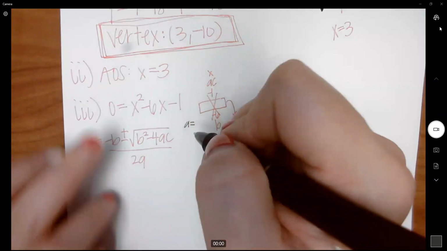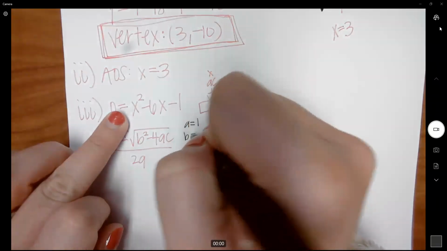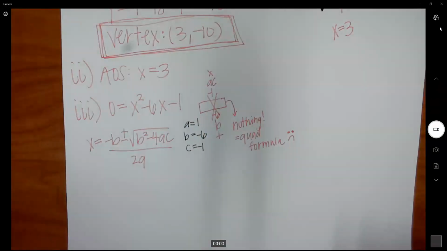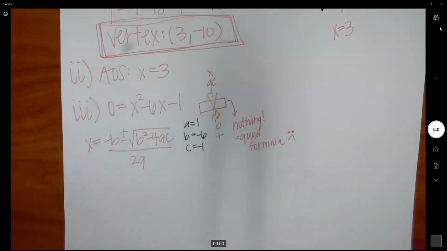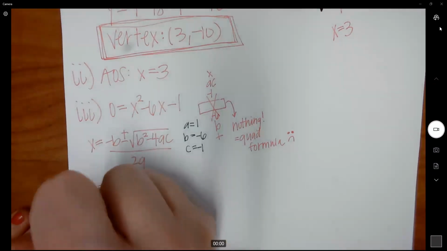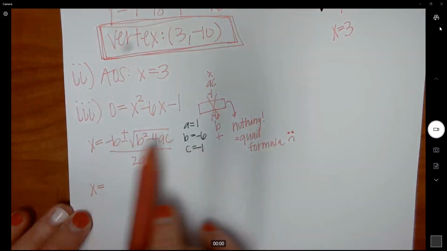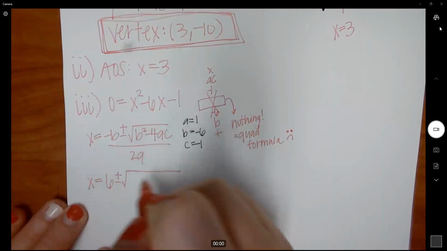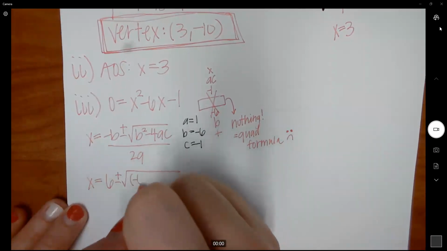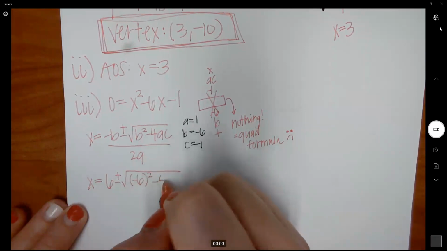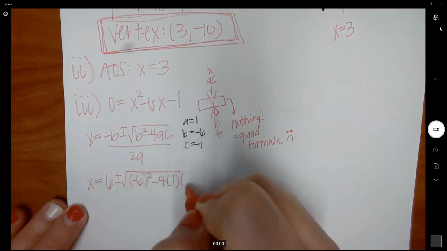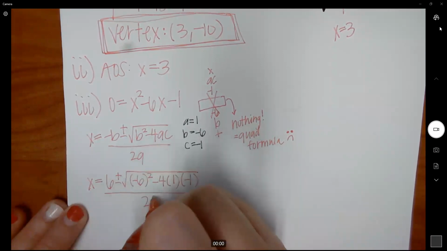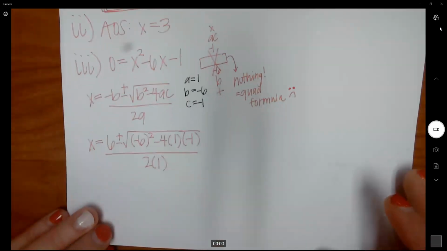In this problem, my a is 1, my b is negative 6, and my c is negative 1. So plug in your values. You've got negative 6, to give you a positive 6 again. B squared, so negative 6 in parentheses squared, minus 4 times 1 times negative 1. This is all over 2 times 1.